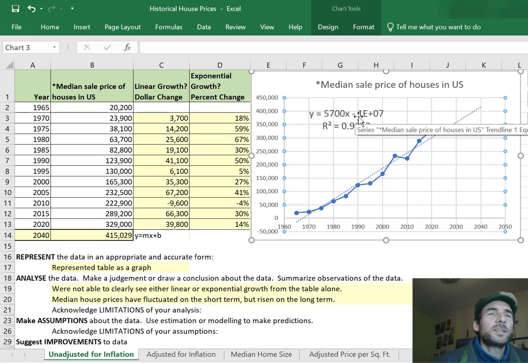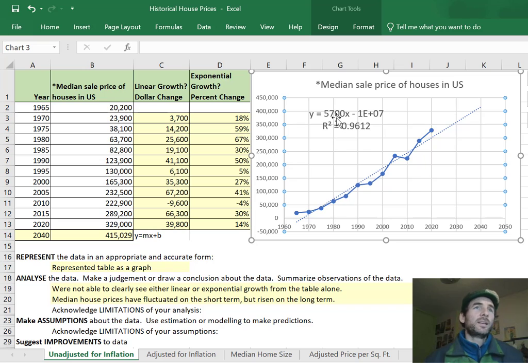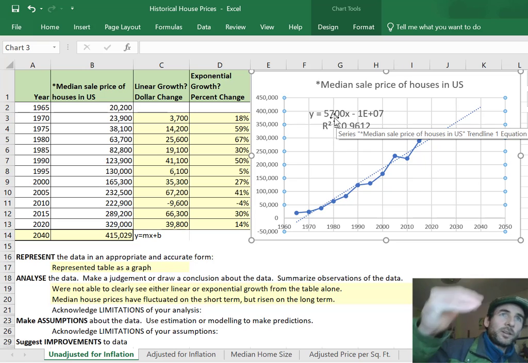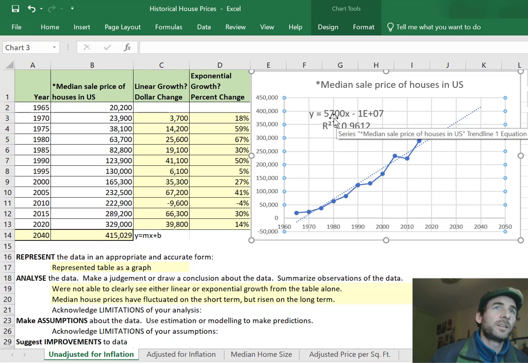This is basically telling you what house prices would have been back in the year zero, if this trend line continues into the past. So that's the y-intercept. So ignore that number. It doesn't matter. But the 5700 means that x, you see, is years, y is house prices, and it means that for every extra year, house prices have gone up by 5700 on average.